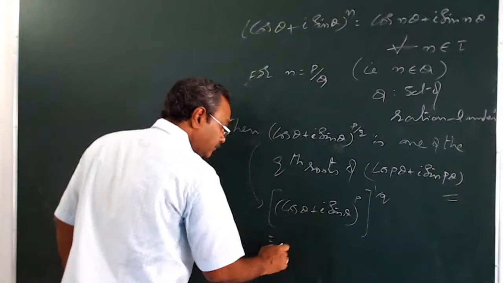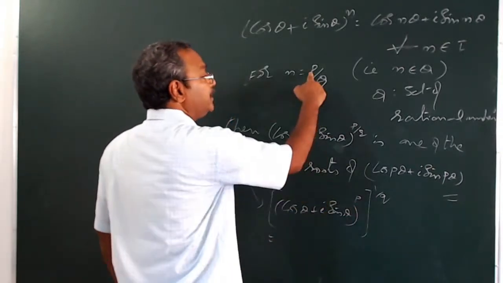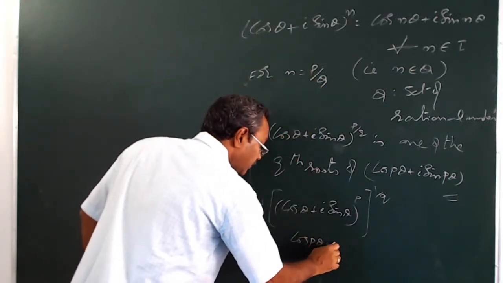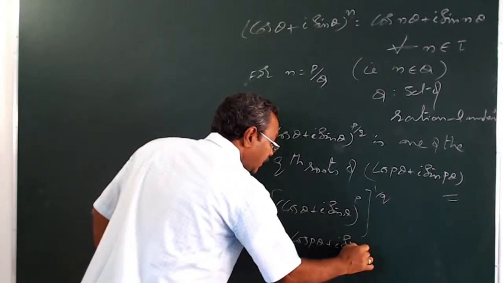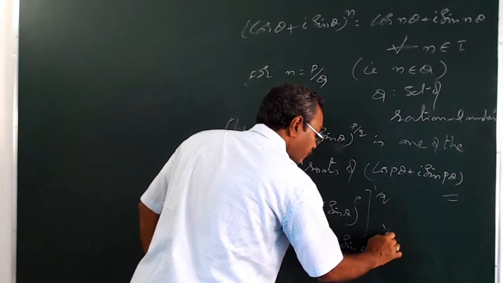Now look, cos theta plus i sin theta whole to the power of p, where p is an integer of course, is cos p theta plus i sin p theta, whole to the power of 1 by q.